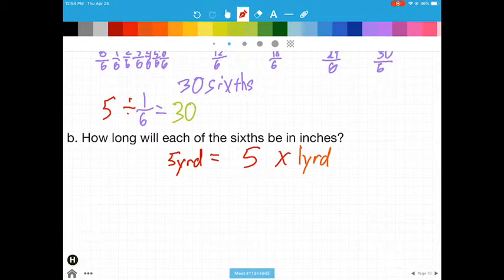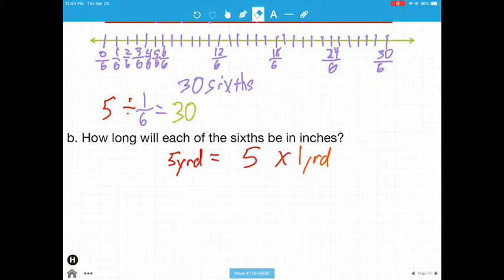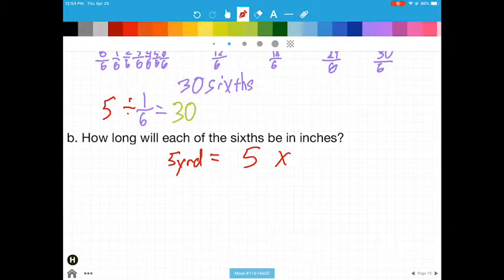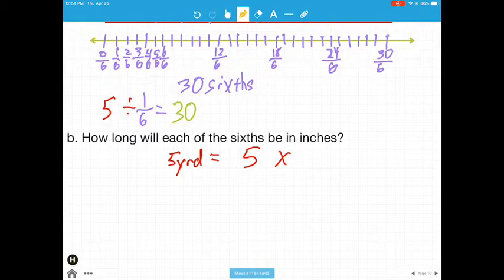Let me get a different color for this so it stands out. So it's 5 times 1 yard.